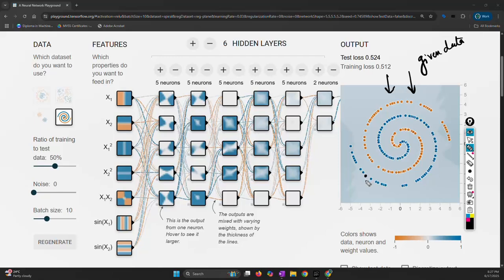I have put black, but what color should this dot actually be? Blue. And if I put one dot here, what color should this be? Orange. Now you said this because you are looking at it visually, correct? But can the machine understand this? That's what we want to do now.